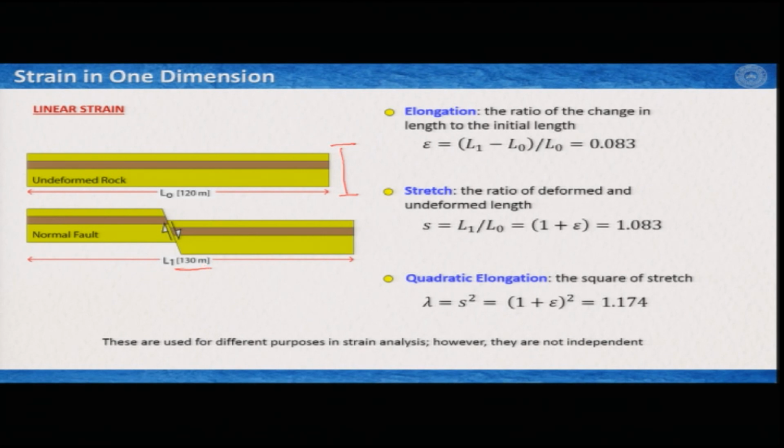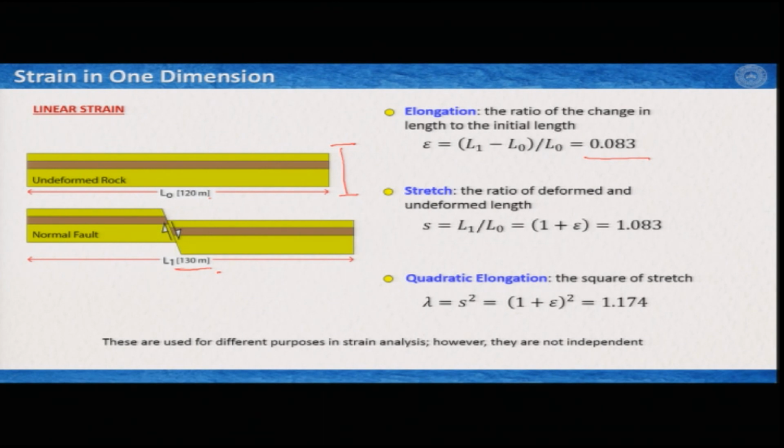Now how to describe or how to quantify the strain? One parameter, as I said, is elongation, which is the ratio of the change in length to the initial length. And if we calculate this for these values which are given here, it would be 0.083.